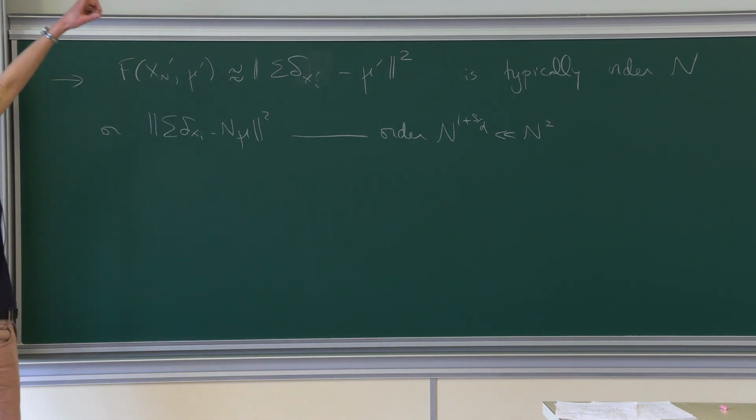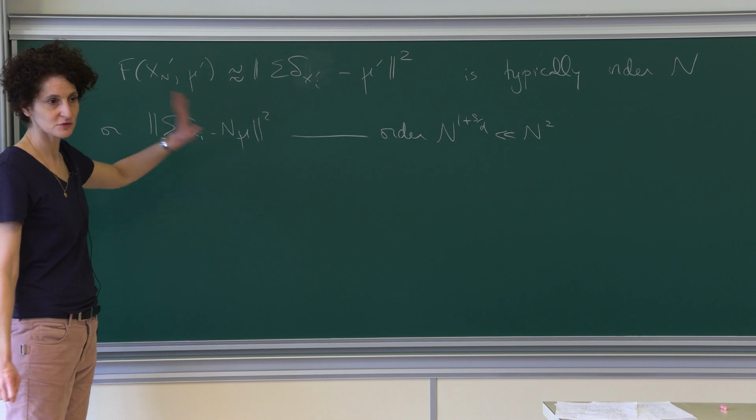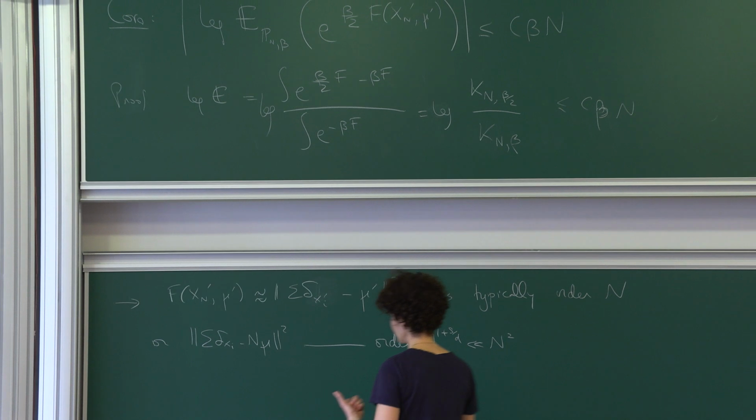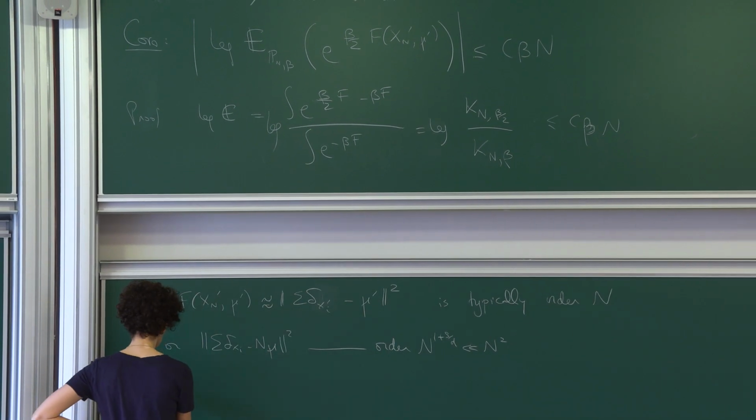So this is why I called it concentration, because it tells you concentration near mu, the reference measure. And this is much stronger than the LDP. I mean, in some sense, it's stronger.